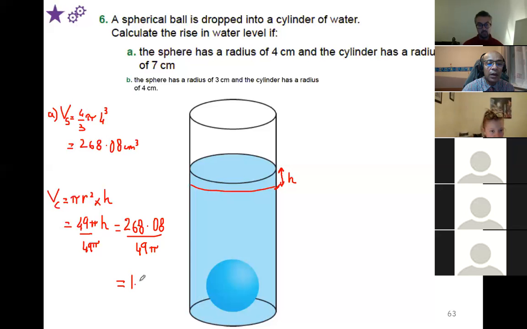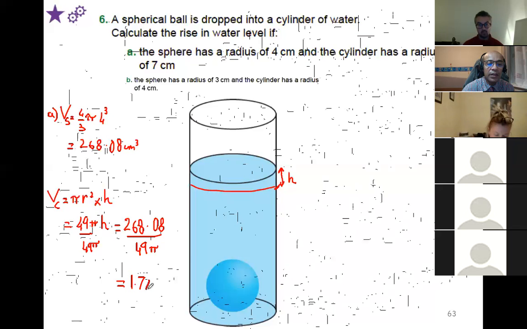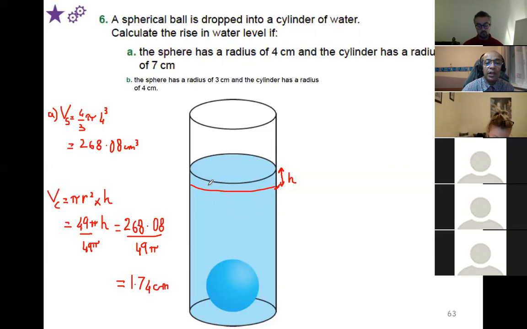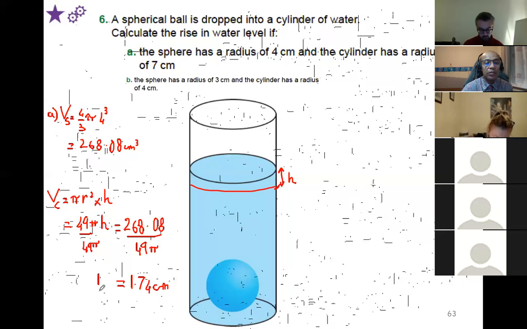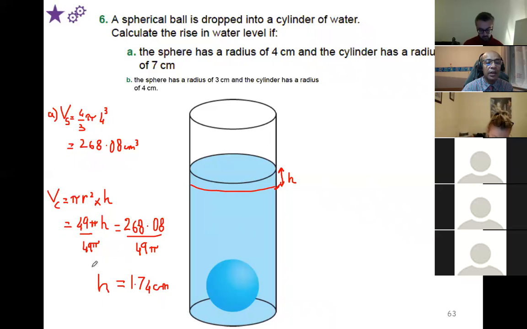And that would be the difference in height. So basically we went from whatever the height was, and that rose by nearly 2 centimeter once we dropped the ball in. And that was the question they asked us to answer in A.